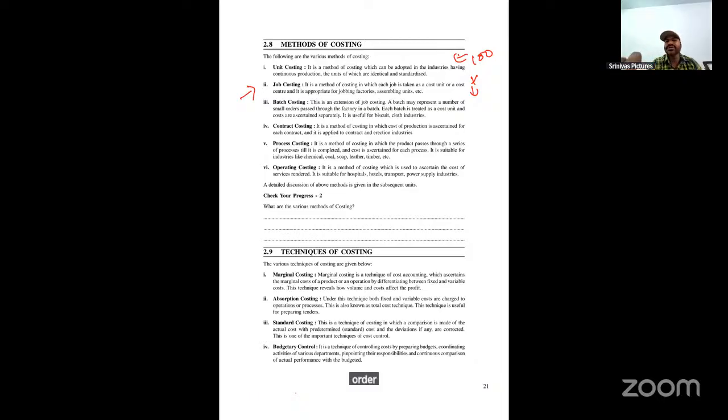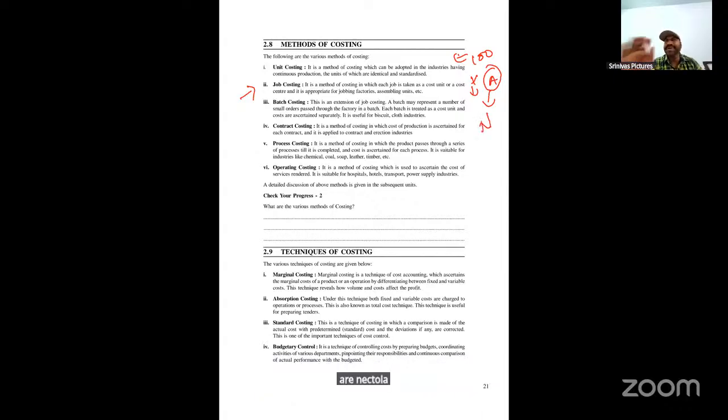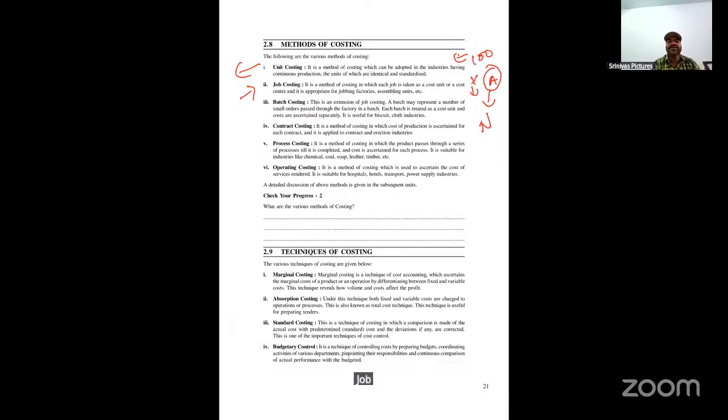For example, A wants a different kind of dress. Instead of routine dresses, she orders separately, a necklace or any particular item, exclusively for her only. That is called job costing. So job is different; in unit costing it is the same product. Job is particularly based on order.